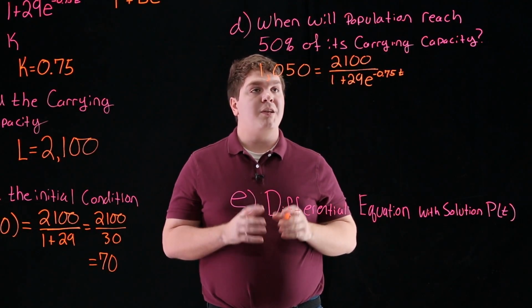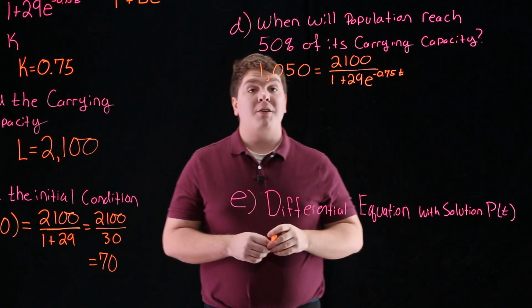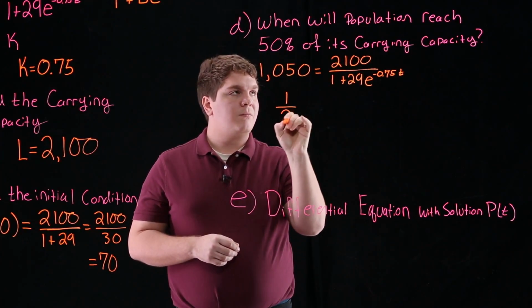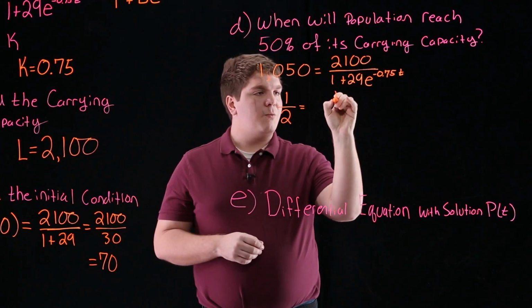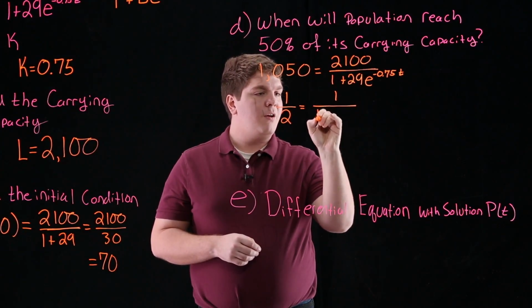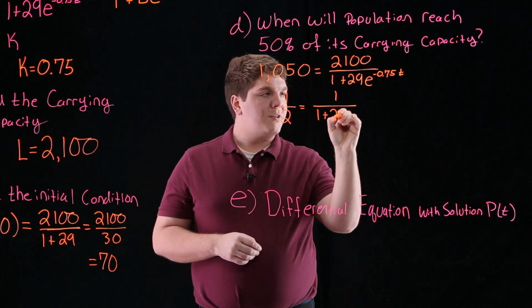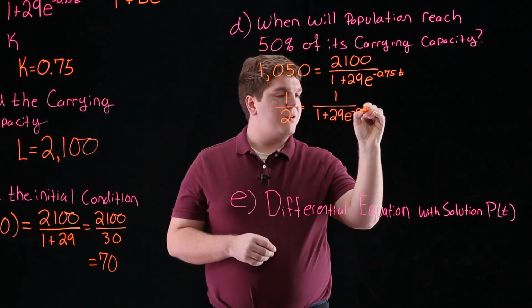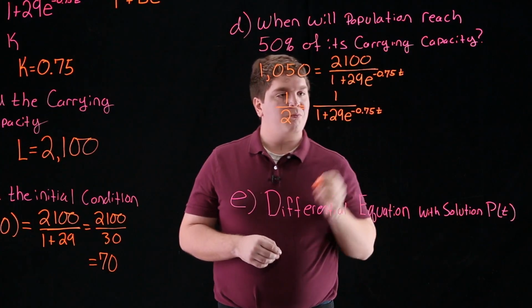So what we can do here is we can divide both sides of this equation by 2,100, and that leaves us with the equation 1/2 is equal to 1 divided by 1 plus 29 e to the negative 0.75 t.